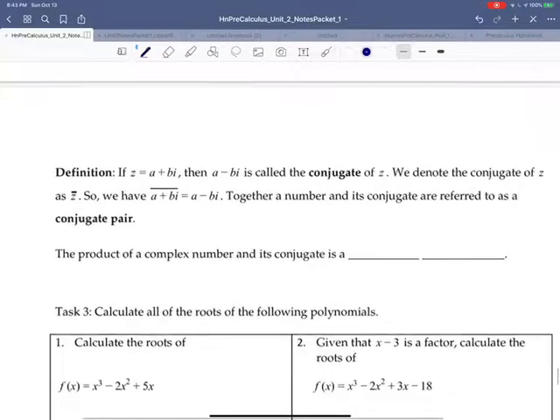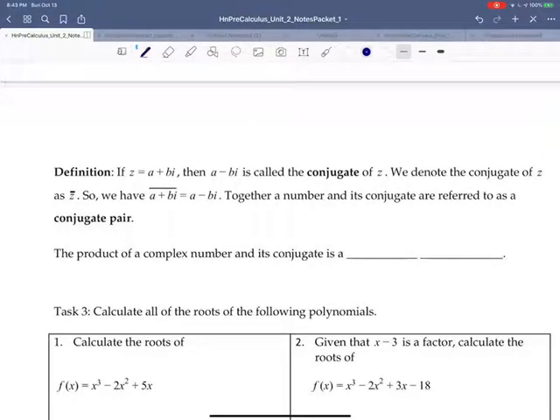So if you have a complex number z of the form a plus bi, a minus bi is called the conjugate of z. We denote the conjugate of z as z bar, so it looks like a little z with a line on top.